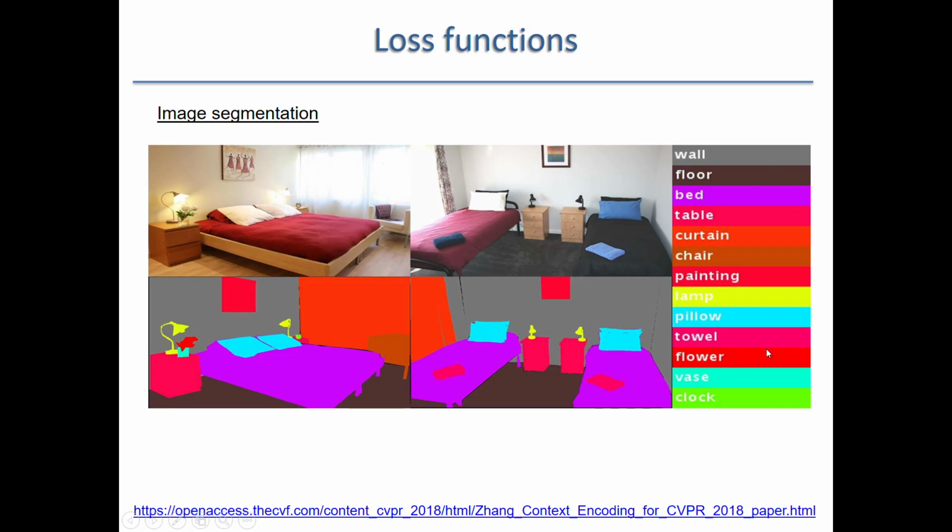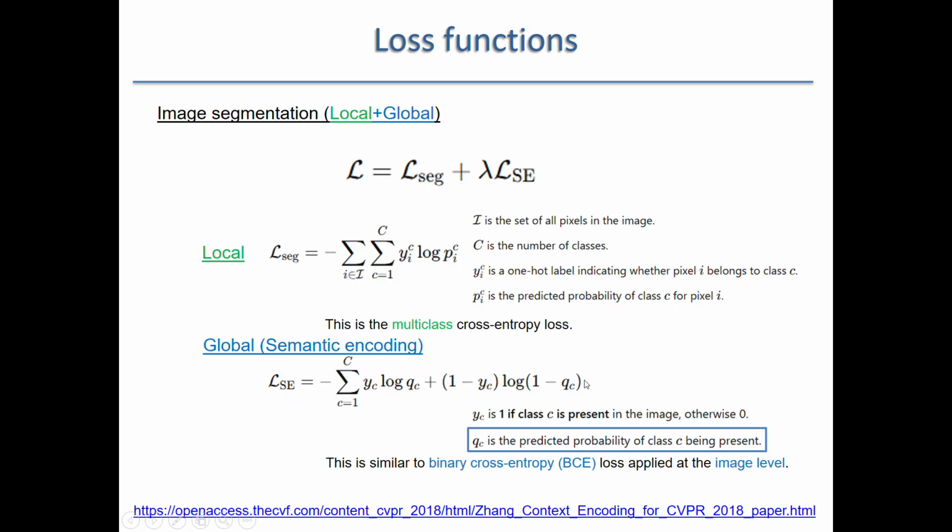So for the different classes you can have a global loss function that somehow is attached to the class. This one is attached to the pixels. So this one is attached to the whole image. And so it is kind of similar to what we did before, but now for each one of the classes you have a binary cross entropy, and this loss function is local, this loss function is global.